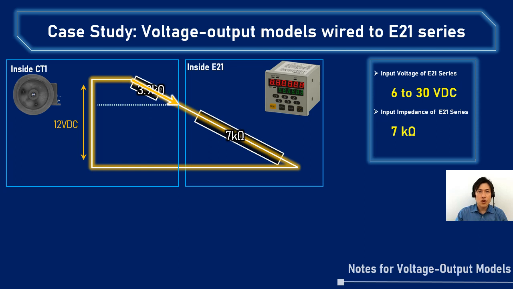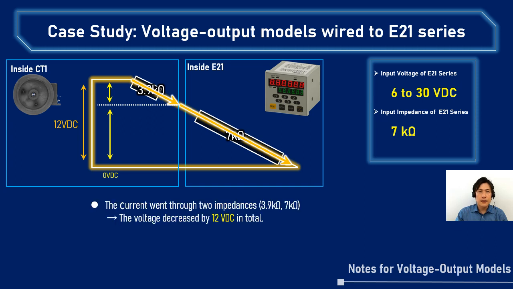Now the voltage dropped a little from 12 volts. Second, it goes through the impedance 7 kilo ohms inside the counter and dropped to 0 volts. The voltage dropped from 12 volts to 0 volts. Therefore, this means the voltage dropped 12 volts in total by running through two impedances.